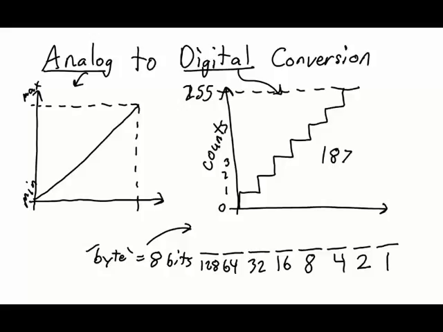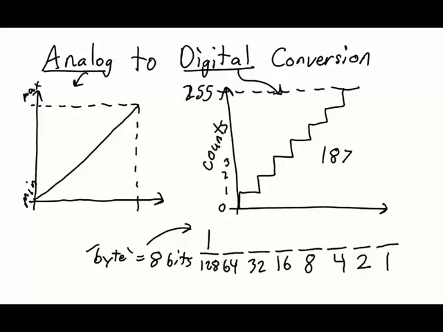We start from the leftmost bit, which is also known as the most significant bit. That bit is worth 128. We're going to ask whether 128 is less than 187, the value we're trying to represent. 128 is less than 187, so we put a 1 for the value in the leftmost bit.